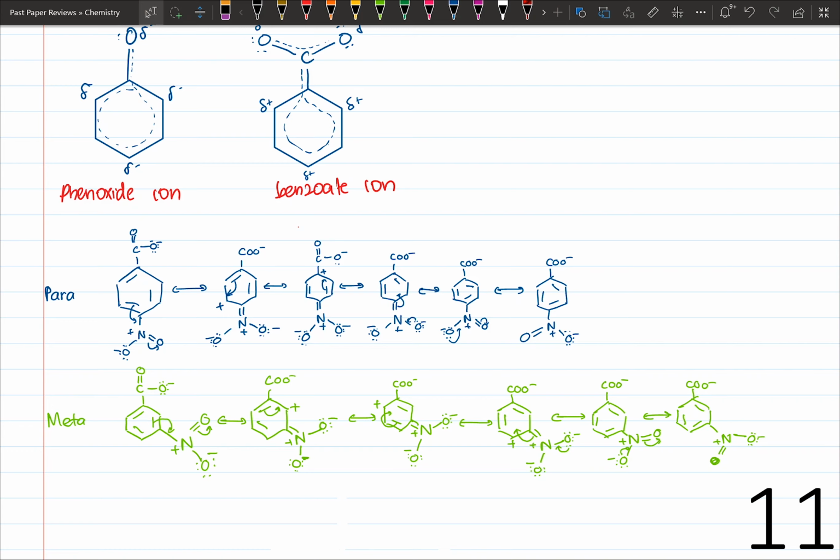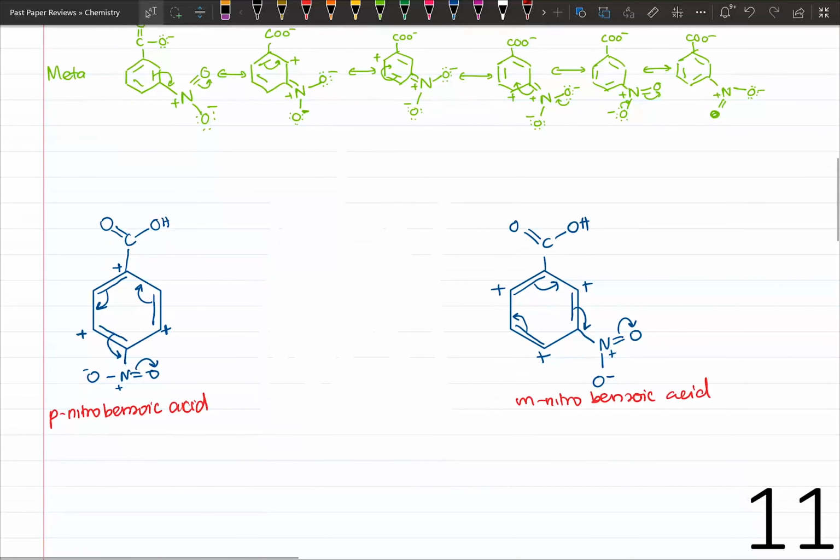In paranitrobenzoic acid, as there is a positive charge on the carbon atom directly attached to the COOH group, this pulls the electron from the COOH group more easily than in metanitrobenzoic acid, as a positive charge is not directly on the carbon atom attached to the COO group.